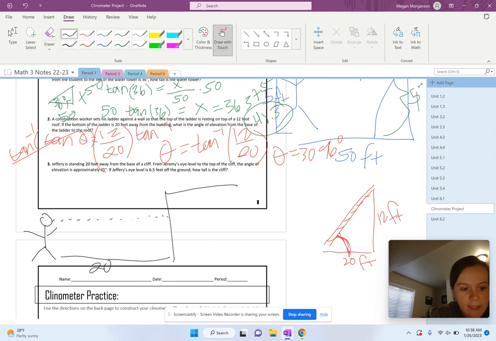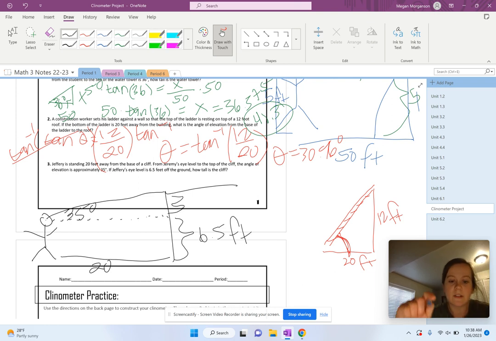Follow it over. This angle from his eye level up to the top of the cliff is 35 degrees. If Jeffrey's eye level is 6.5 feet off the ground, how tall is the cliff? So we know that he is 6.5 feet from the ground. So they want us to find this last part of the cliff so that we can figure out how tall it is.